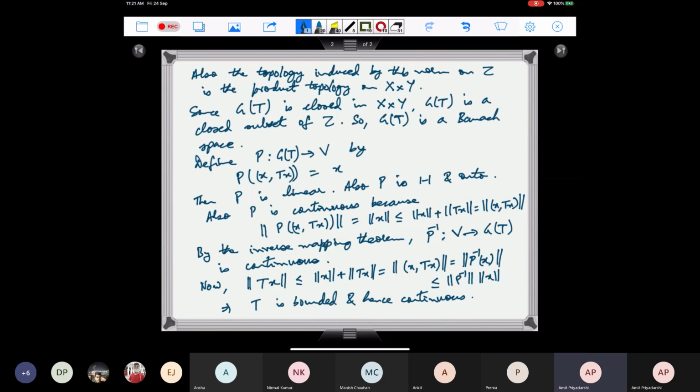So again, you see that to prove this theorem, we are using the inverse mapping theorem, which was proved using the open mapping theorem. And to prove the open mapping theorem, we need the Baire category theorem. So basically, this closed graph theorem is again a consequence of the Baire category theorem.